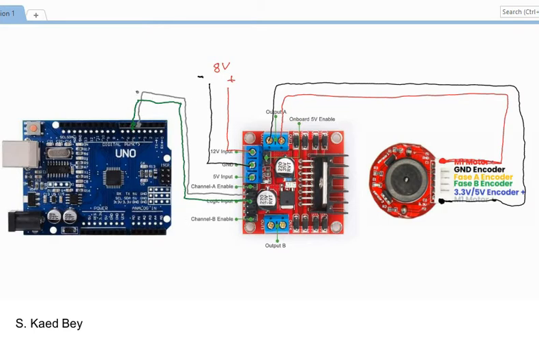So that's 5. This is 4. We will be controlling the motor speed by the PWM output. So that's going to be pin 6.